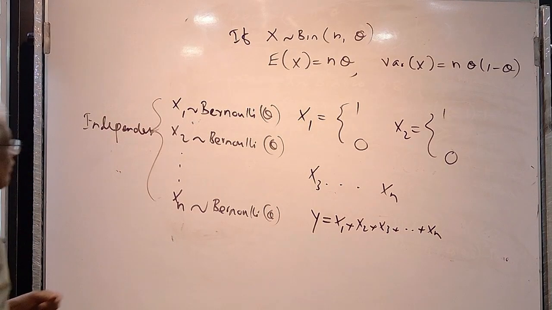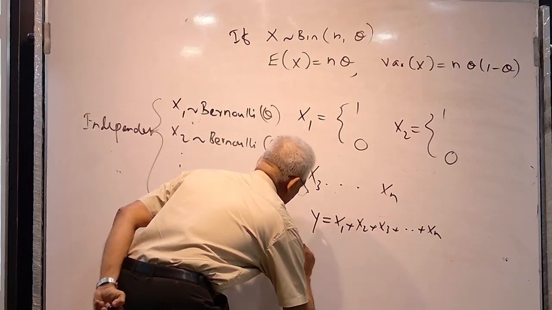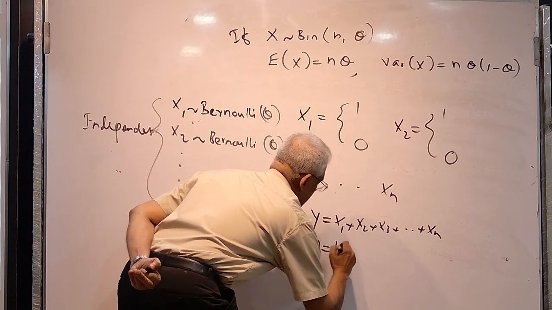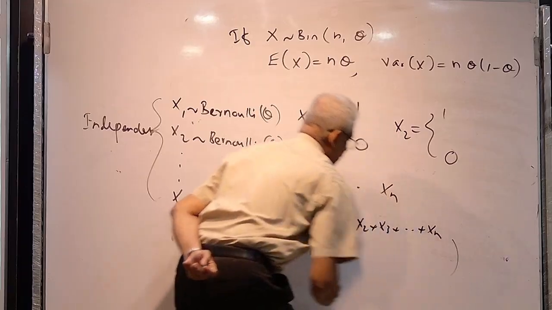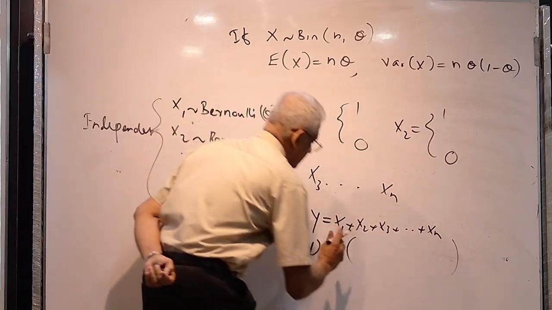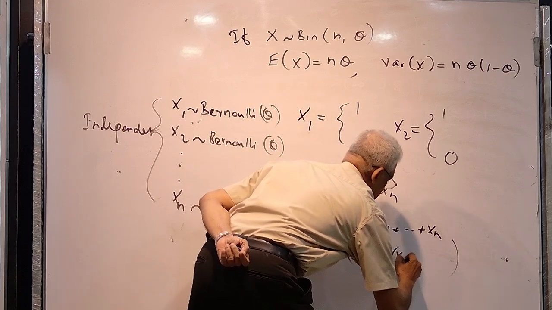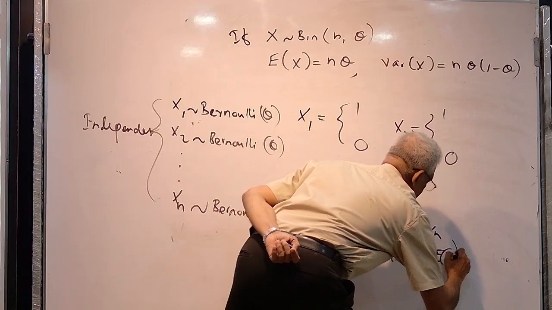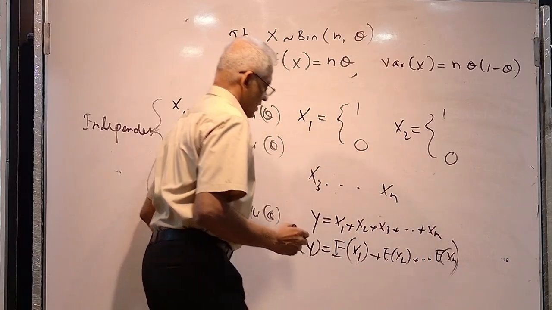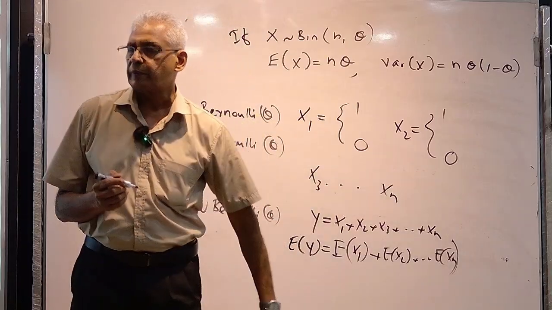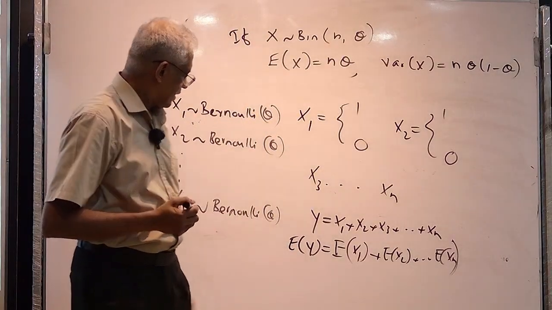So therefore, expected value of y should be expected value of all of this. So that is equal to expected value of x1 plus expected value of x2 up to expected value of xn. That is coming from the properties of the expected value.